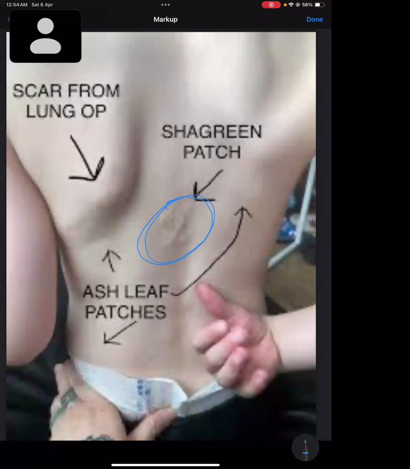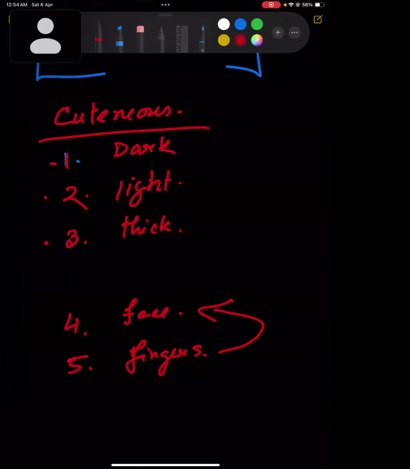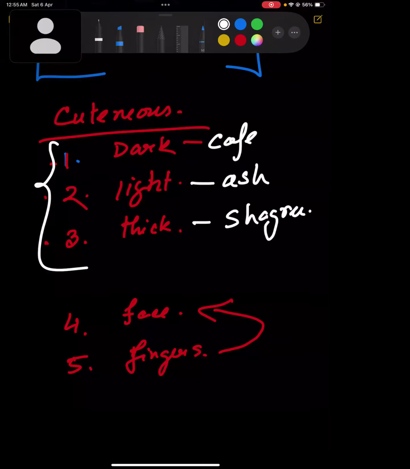So we finish number 1, number 2, number 3. Number 1, as I told you, is café au lait, the dark spot. This is your ash leaf. And this one is your shagreen patch. Finish. Even part 2 people, you will not forget, because usually they have the picture, right?